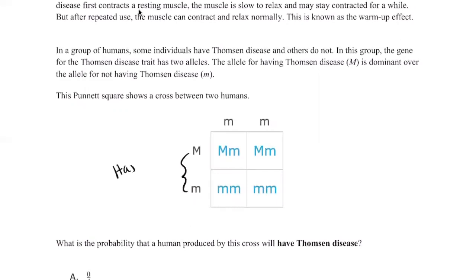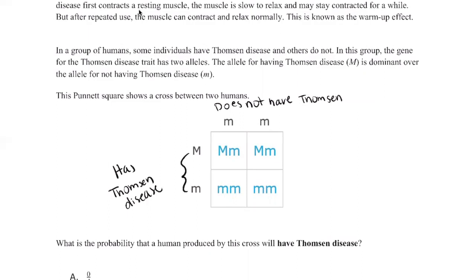And this parent does not. Okay, so far we have one parent that has it and one parent that does not.